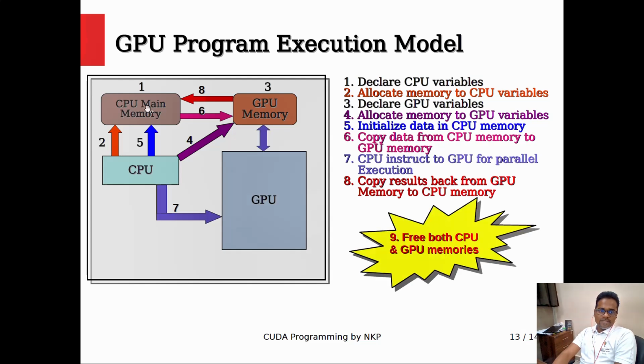Finally, once we get the data, we are done with our computations, so we simply free the memory allocated on the CPU side as well as on the GPU side. These are the 9 steps that we typically follow in any CUDA program that we are going to write in the future, and this is very important to understand how typical CUDA program execution works.